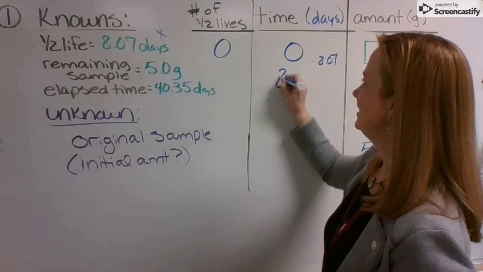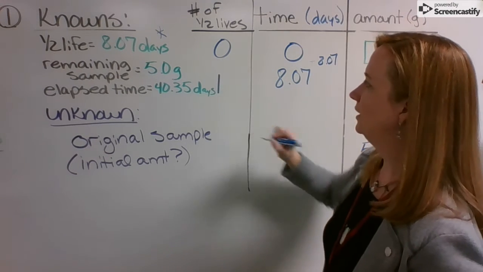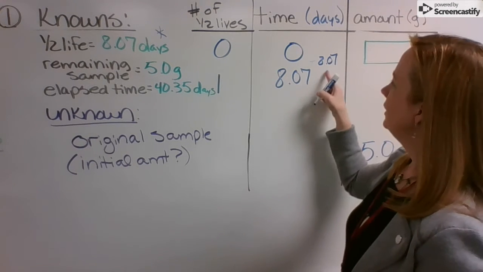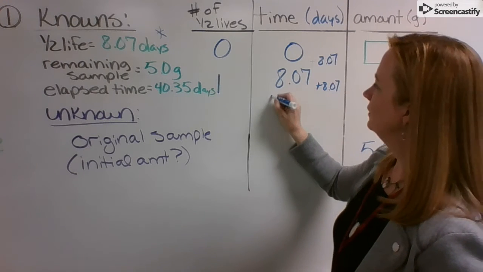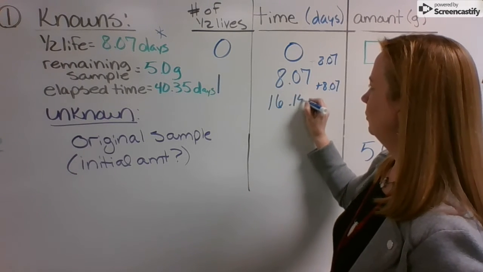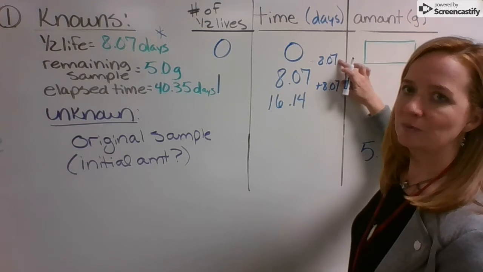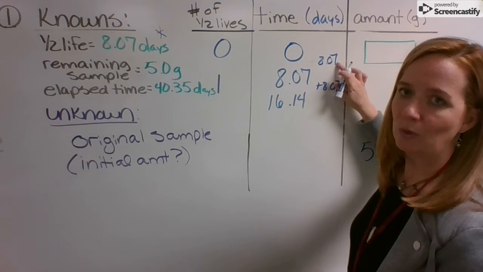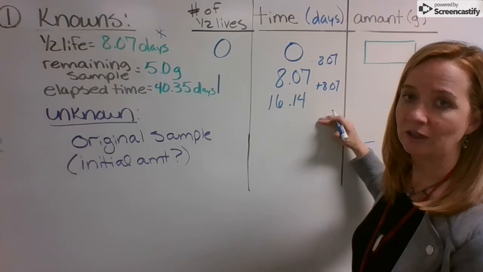So I have 8.07 after 1 half-life. If I add 8.07, I end up with 16.14. Now, you do not have to write the plus 8.07. That's just mentally what I'm thinking and what you could be adding in your calculator.